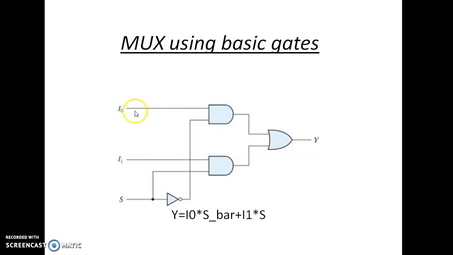S bar is ANDed with I0. S is ANDed with I1 and both are given as inputs to the OR gate, from where we will get the output Y. This is how we can design the multiplexer using basic gates with the help of a Boolean expression.